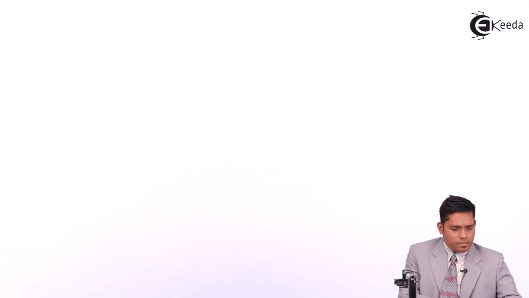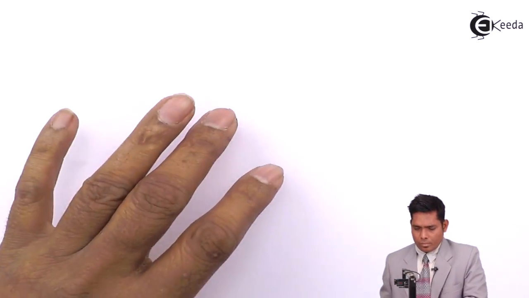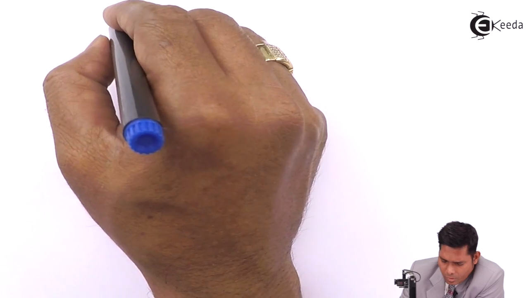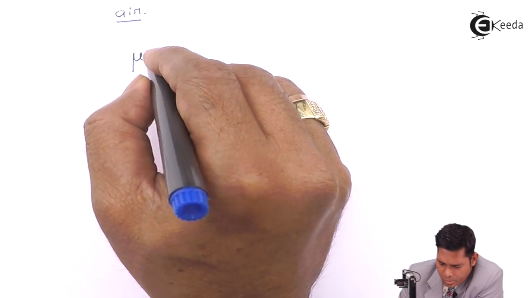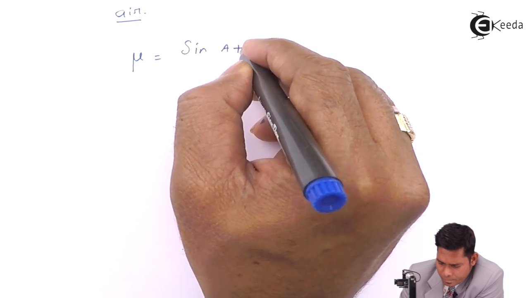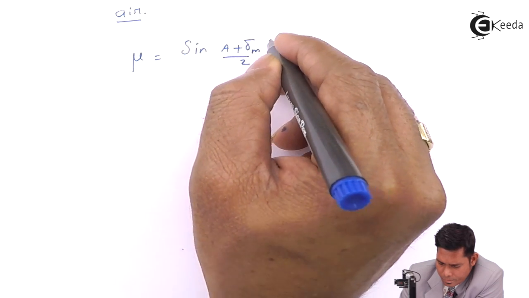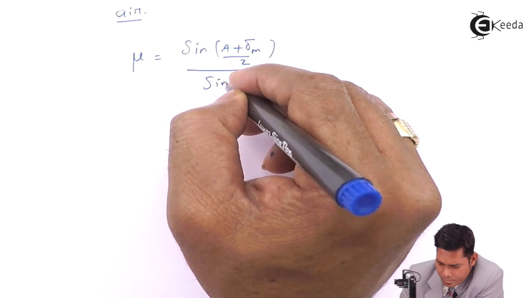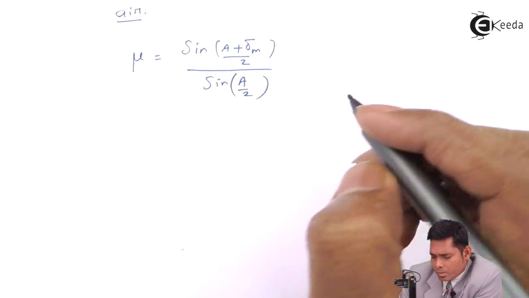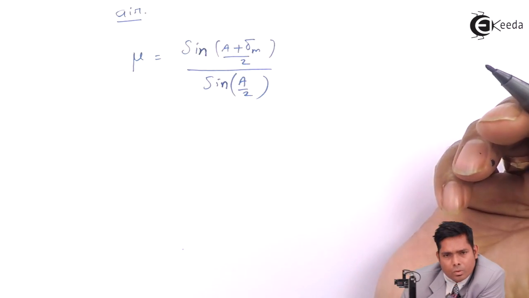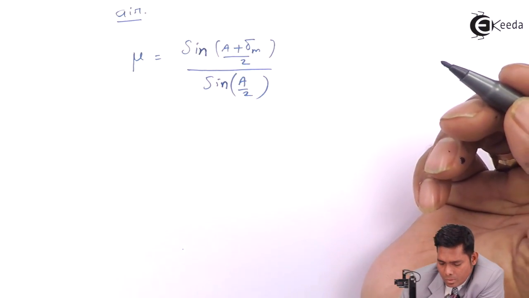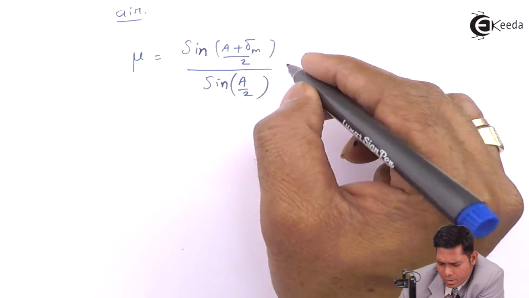So when it is in air, mu is sine of (A plus delta m) by 2 divided by sine of A by 2. Now, if you put those values over here, you will get the value mu.